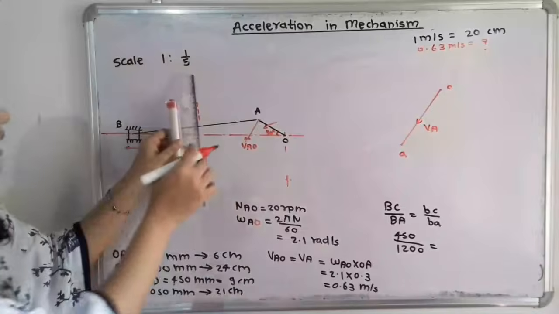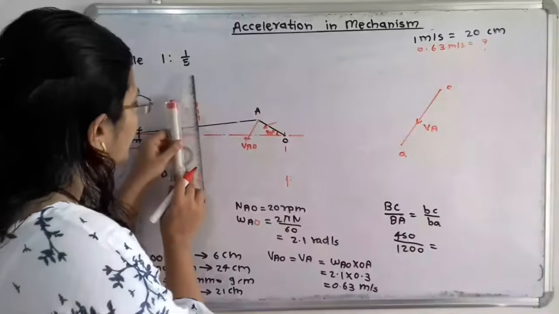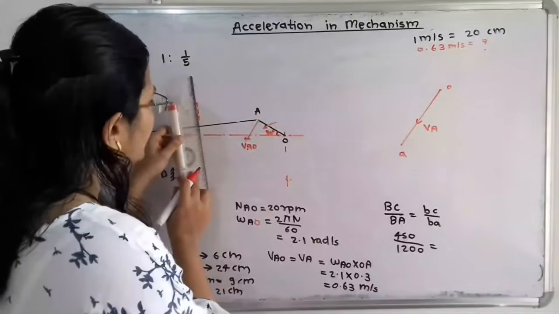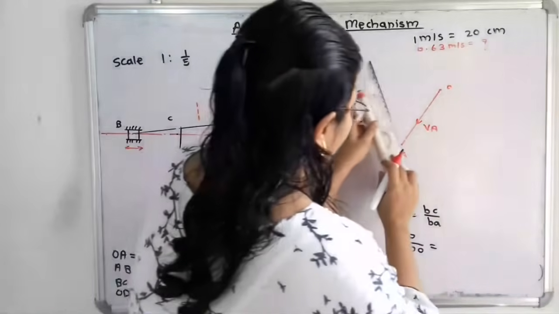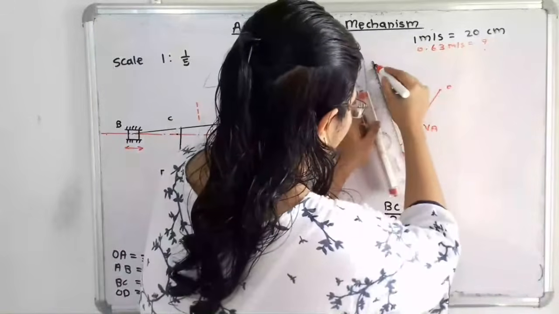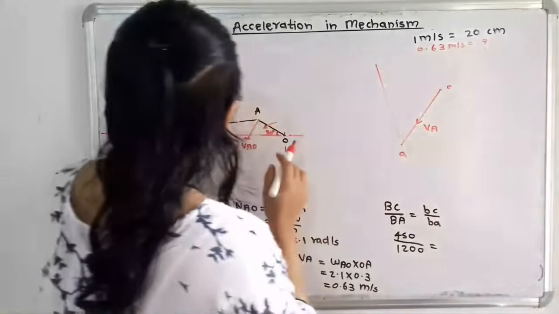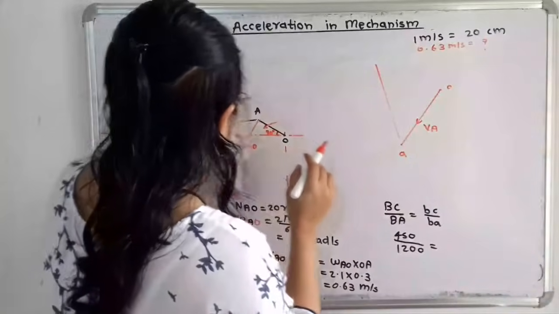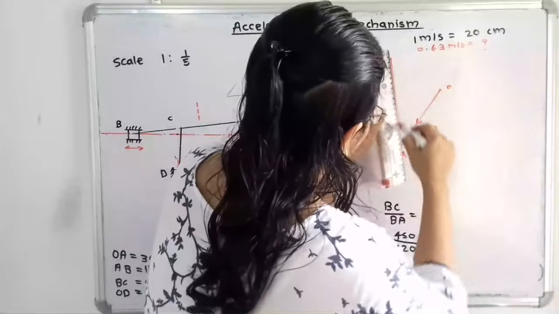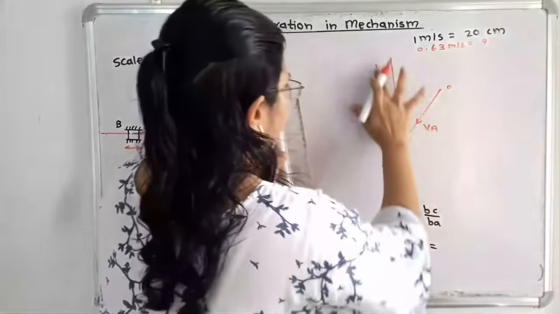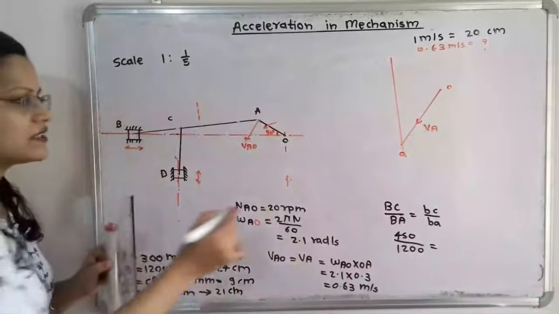So from both directions I will take here the line passing through this point A. So this is the line.